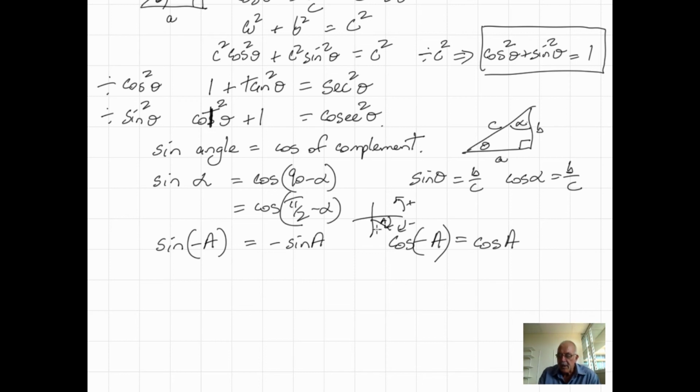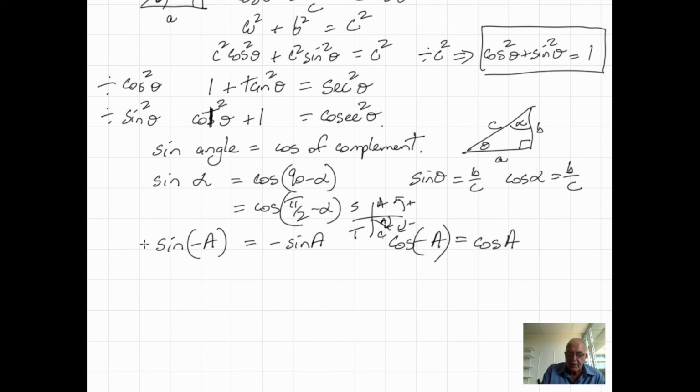So minus A is in the fourth quadrant, like 360 minus A, or 2 pi minus A. That's going to be minus sine A, because sine is negative here, but cos is positive here. We've got CAST: cos is positive, all are positive, sine is positive, tan is positive.